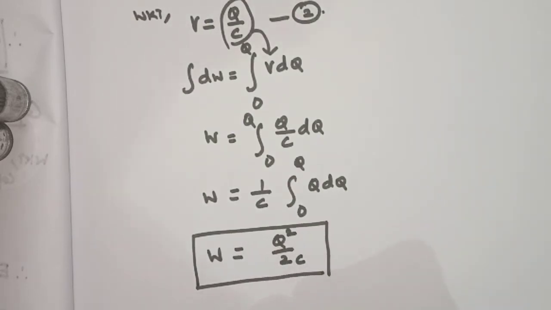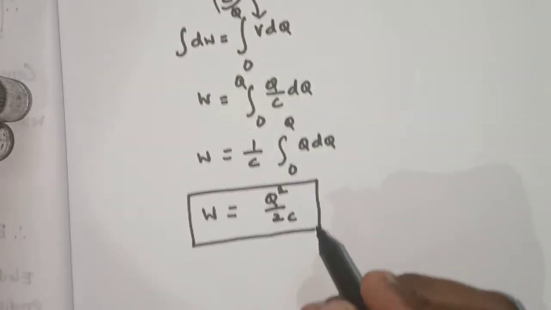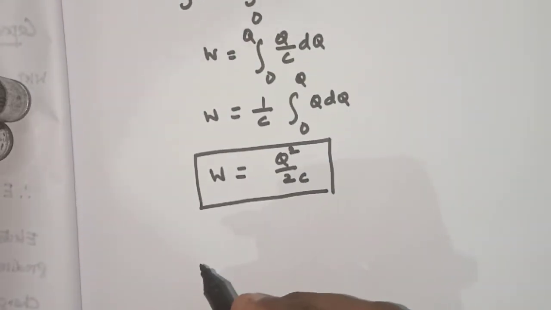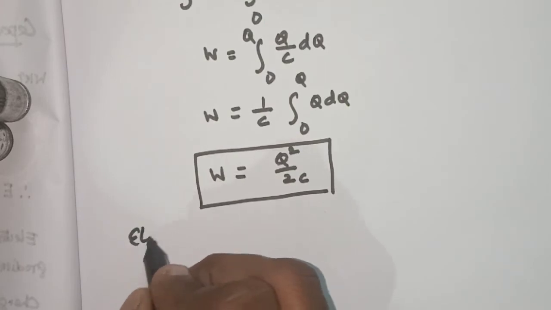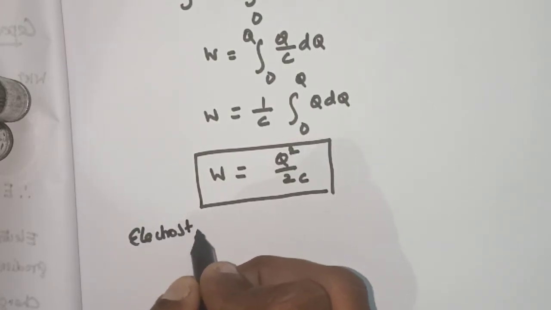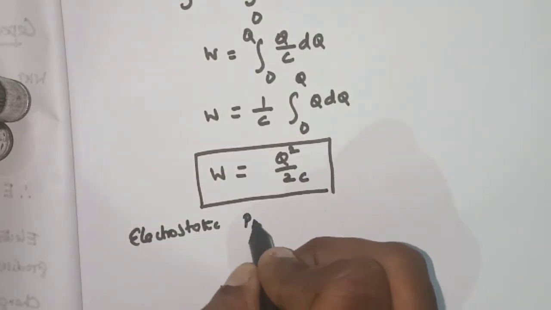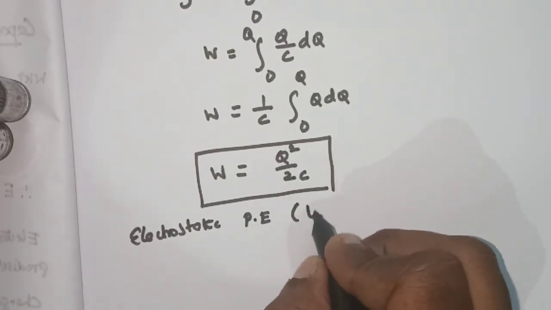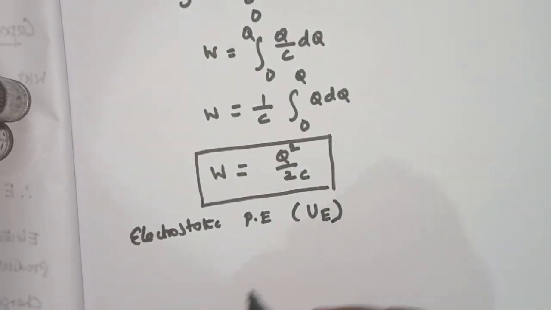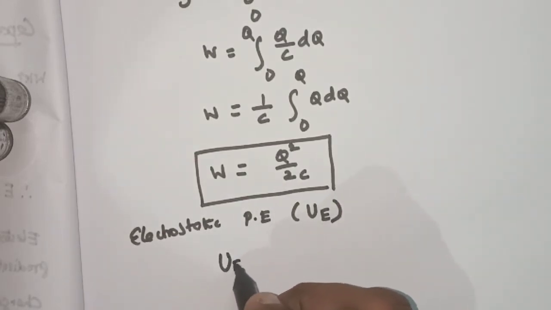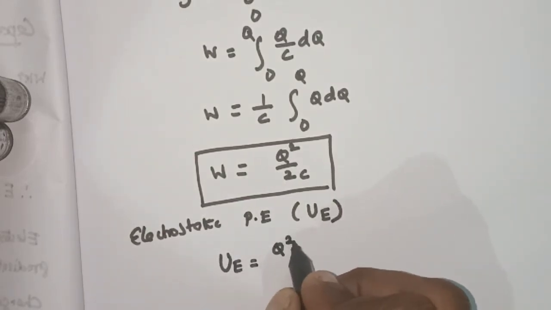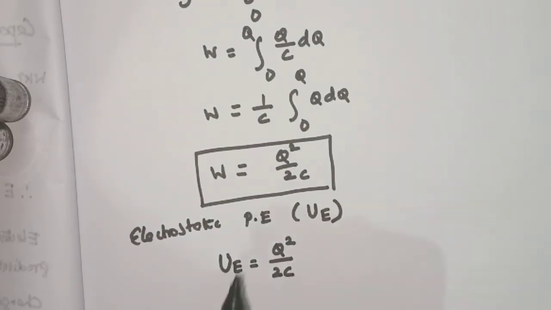This work done is stored as electrostatic potential energy, given by UE in the capacitor. So UE equals q squared divided by 2C.